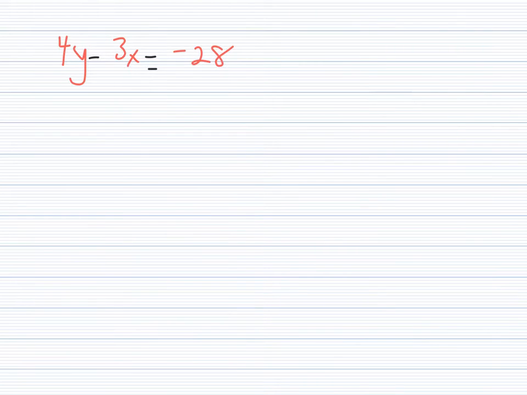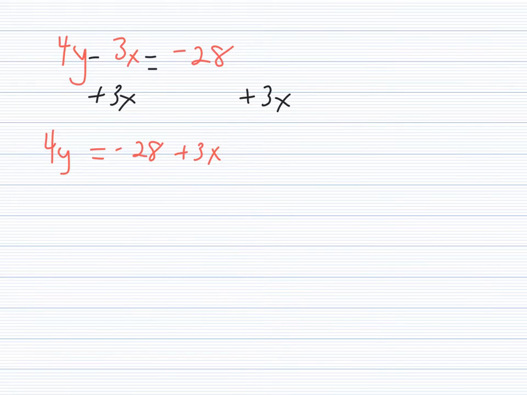Now I'm going to add 3x to each side because I want to isolate my y. I will end up with 4y equals negative 28 plus 3x.